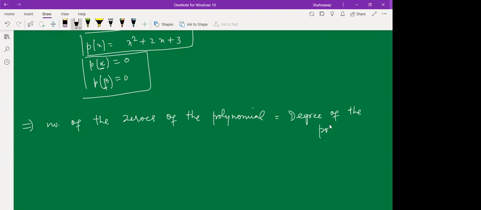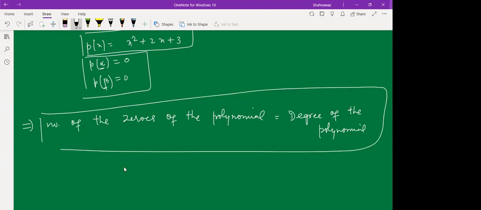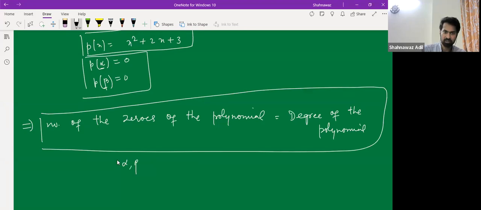So if we have a cubic polynomial, where the highest degree is 3, it means it has 3 zeros: alpha, beta, gamma. So you are absolutely correct. Whatever the degree of the polynomial, that would be the number of zeros that I would get.